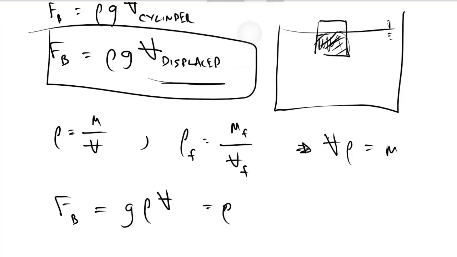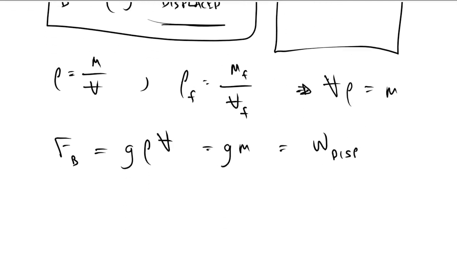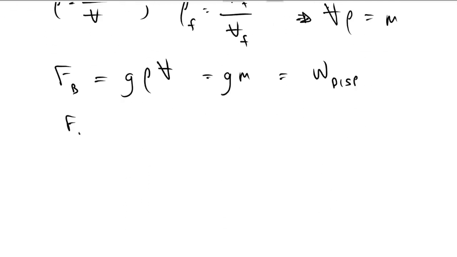which is gravity times mass, which is equal to the weight of the displaced fluid. So we can say here the buoyant force is equal to the weight of the displaced fluid. Or we can say the density of the fluid times gravity times the volume which is displaced.